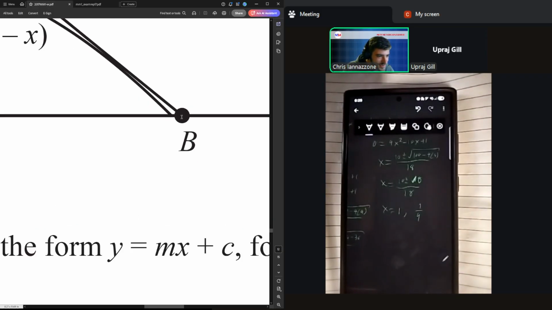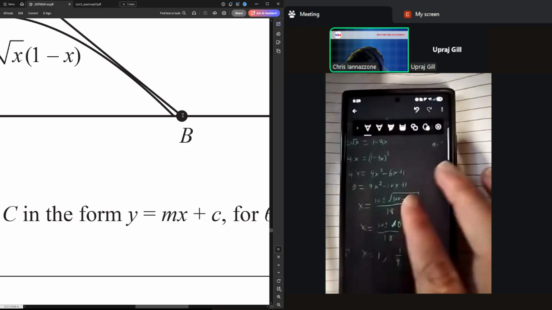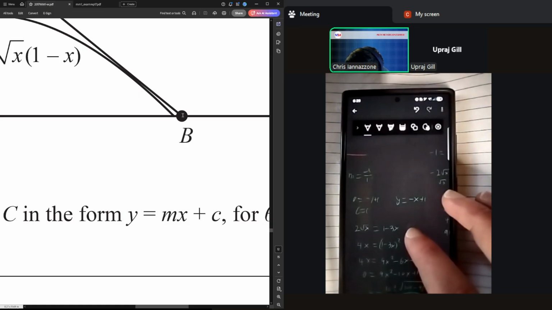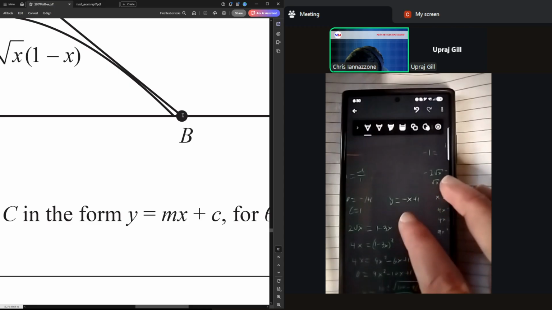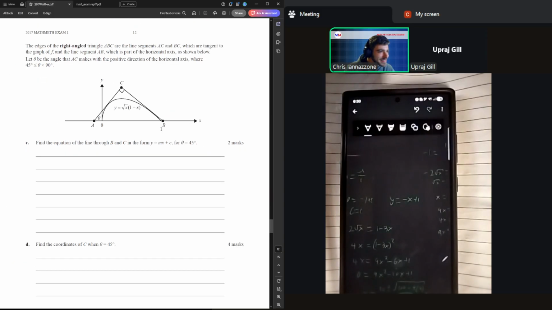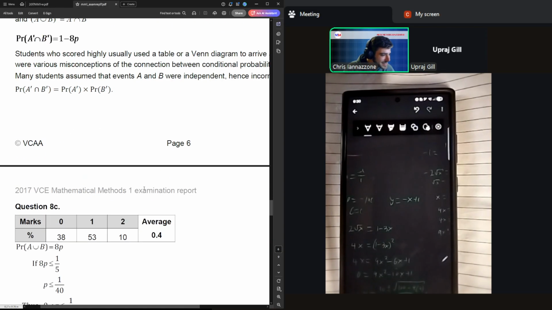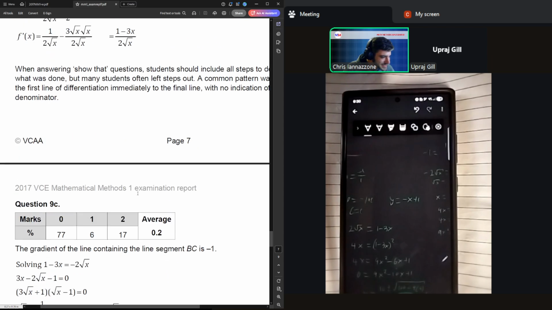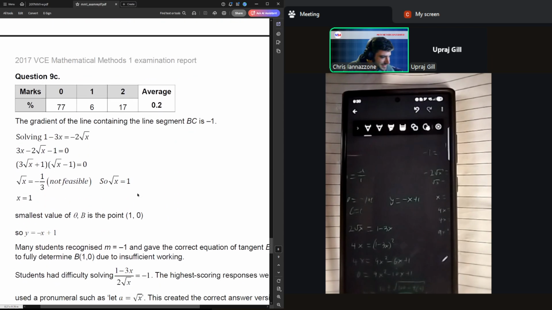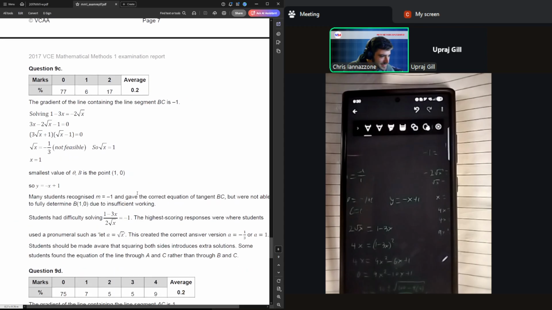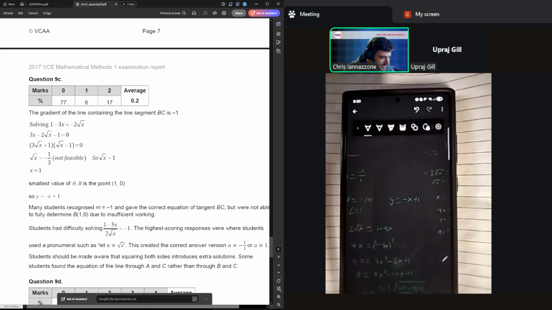X equals 1, surely not. So I guess the lesson there was we were short on time at the moment, so I just shoved that back in because it was the best I had, and apparently that's just it. That's ridiculous. How does that get there in a real exam?